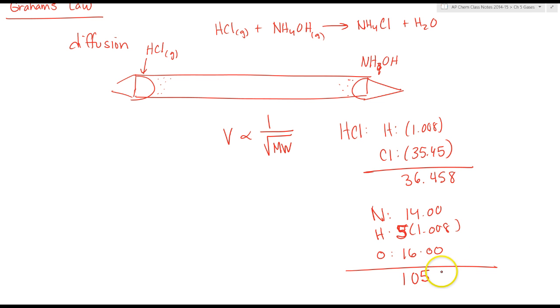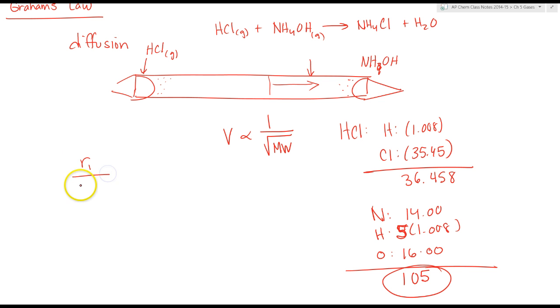So we can see clearly that ammonium hydroxide is going to be the heavier molecule, and therefore we would expect the cloudy ring to happen somewhere on this half of the tube, and that's what most of you found in the lab.